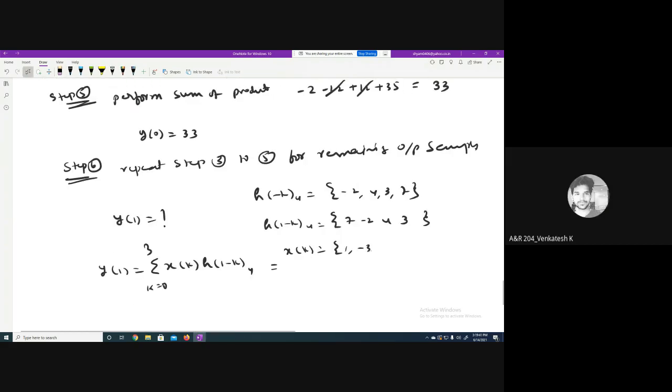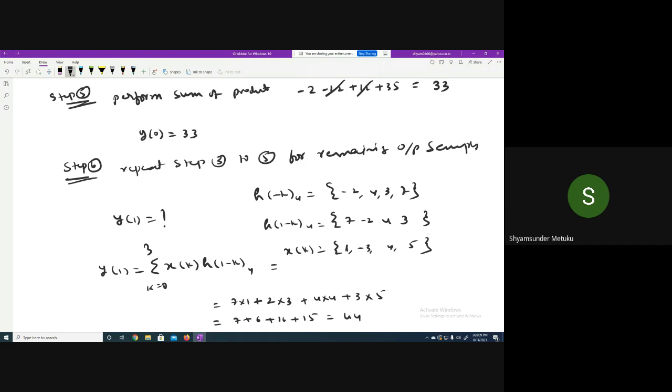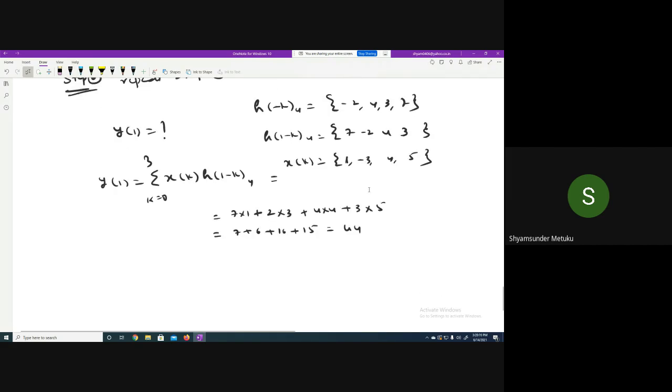Can you tell me what the value is? 7 into 1 plus 2 into 3, because minus into minus becomes plus, 4 into 4 is 16, plus 3 into 5. 7 plus 6 plus 16 plus 15. Total how much? 13 plus 16 is 29, 44, isn't it? Yes or no? So y of 1 is equal to 44.